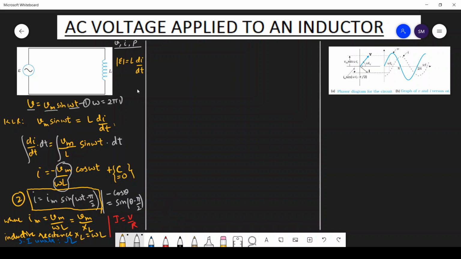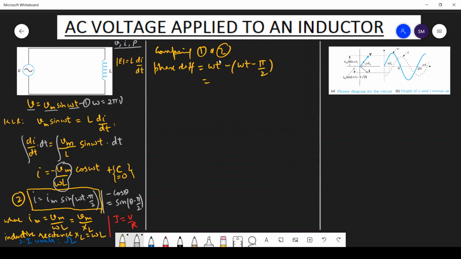Now comparing equations 1 and 2, what is the phase difference? You can clearly see the phase of voltage is omega t, minus the phase of current, which is the argument of sine, omega t minus pi by 2.